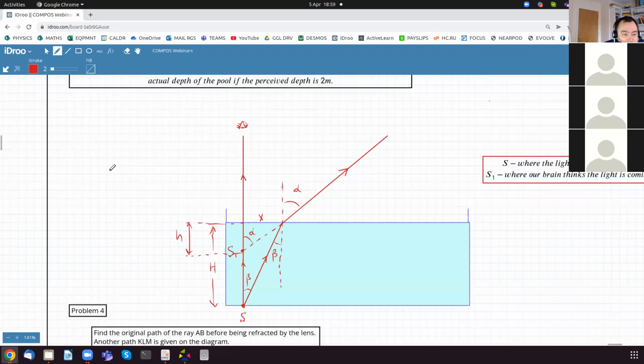So sine alpha is equal to x divided by h small. This is h small, this is x. And sine beta is equal to x divided by h big.